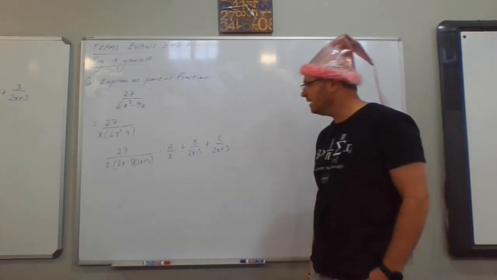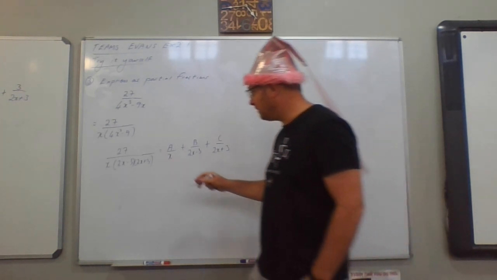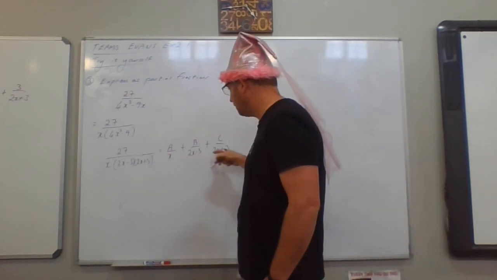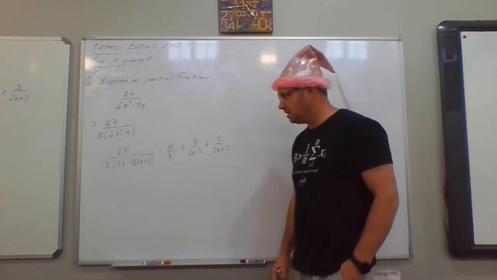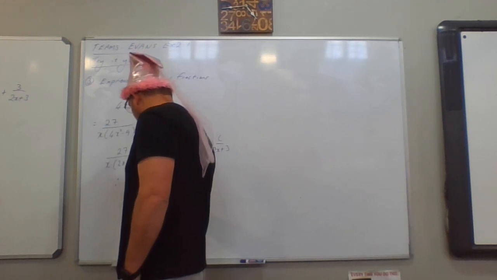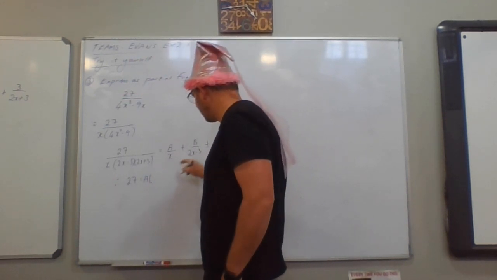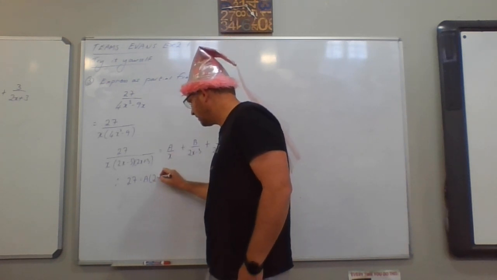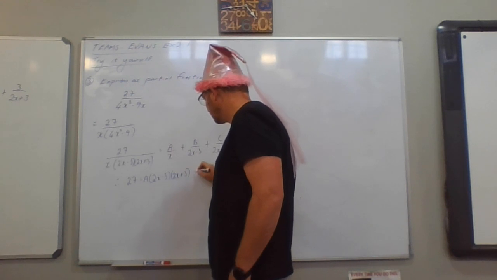Now, same as last time, I want to get rid of the denominator, so I multiply all 4 terms by x, 2x minus 3, 2x plus 3. And when I do that, the whole denominator will disappear. With a, I'm going to have 2x minus 3, 2x plus 3.